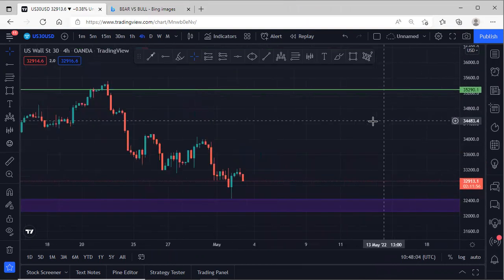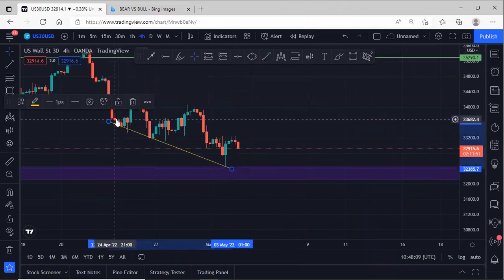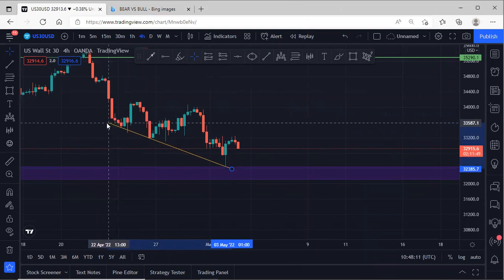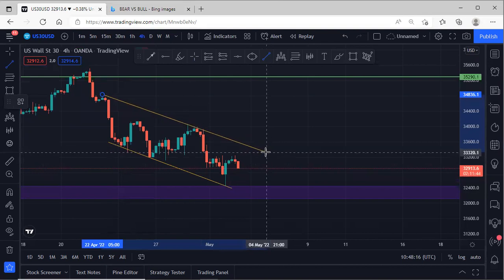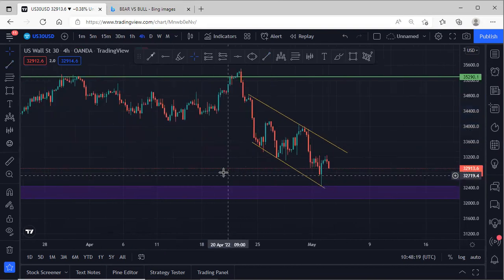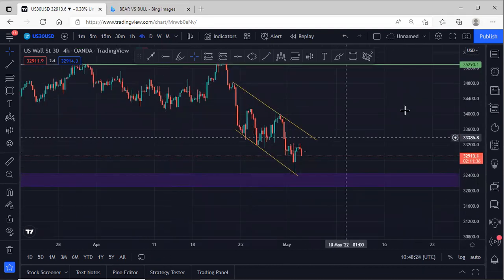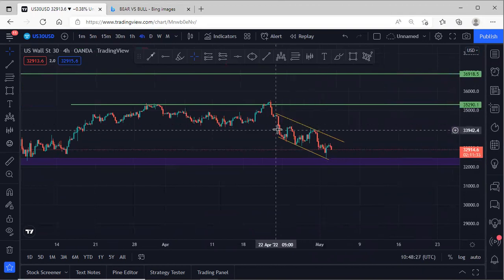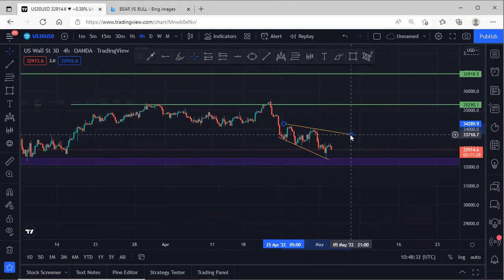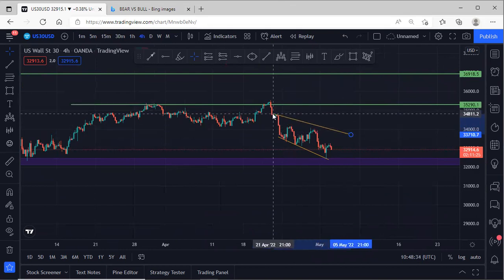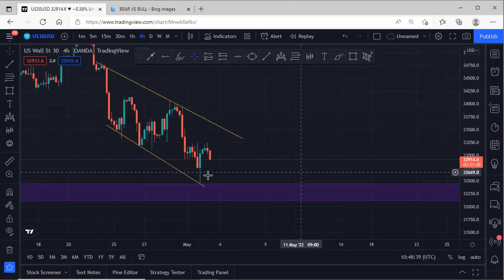Usually we have this form of a correction down here that has been formed, and we have this part of the correction also. We can take it from here and say this is it. Or we can also, but actually this is the right way to take it. You can also draw it from here, but it wouldn't make sense; drawing it like this is more sensible than drawing it the other way around. So that's what we have right there.